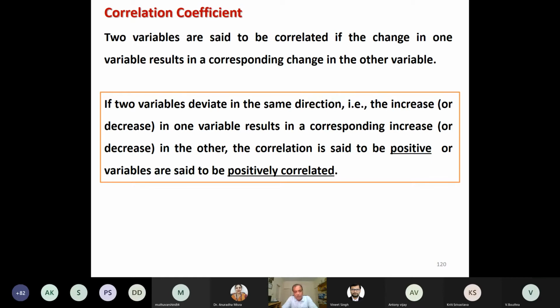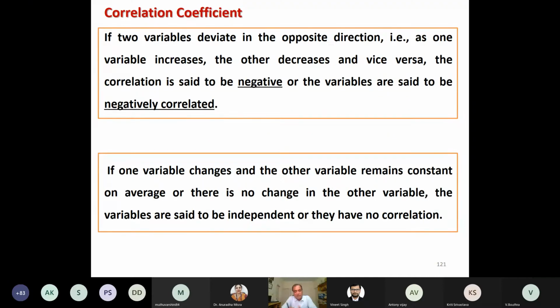Now I can say that if one variable is increasing and the other variable is also increasing, then the relationship is said to be positive, right? If both variables deviate in the same direction, if x increases, y also increases, and vice versa, then this is called positive correlation, or the variables are called positively correlated.